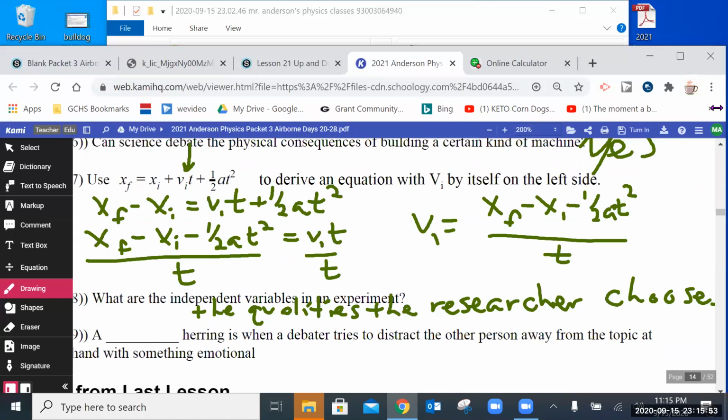So the researcher might choose to water it every single day, 3 milliliters or 7 milliliters, or measure out every week and put in a gallon of water. But the researcher decides how much water is going to be put in.